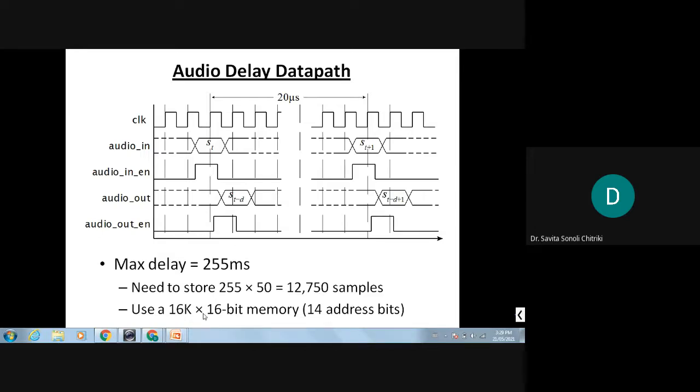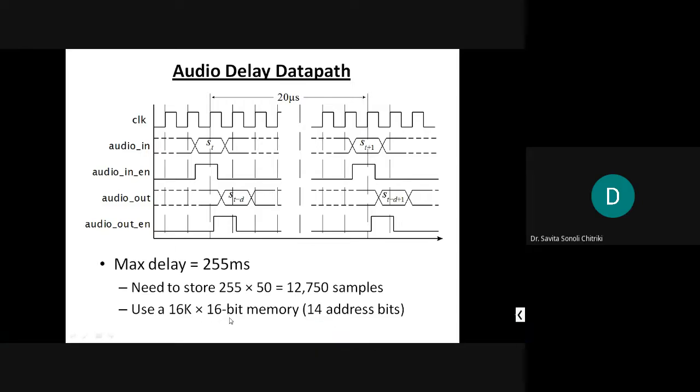See there, 16K cross 16-bit he has told, right? See what happens if we use 16K cross 8-bit. This also depends on us as programmers, whether you need 16-bit or 18-bit, you can decide on your own. So here we are using 16K plus 16-bit memory.